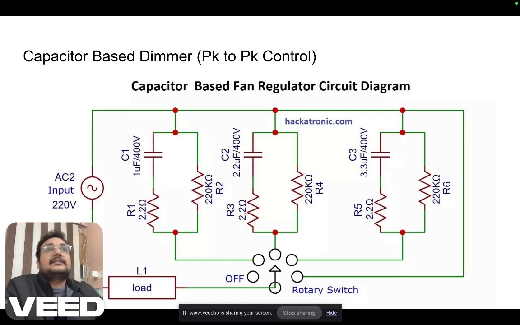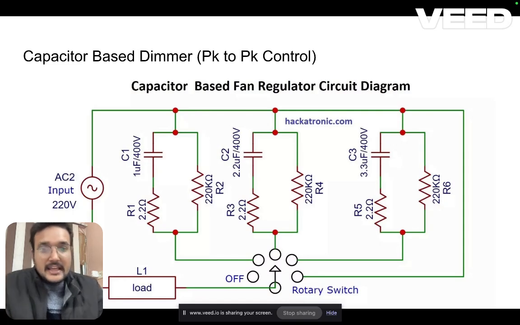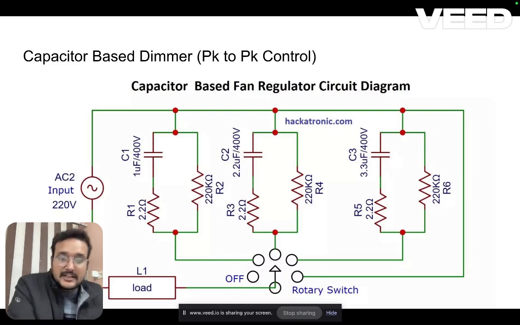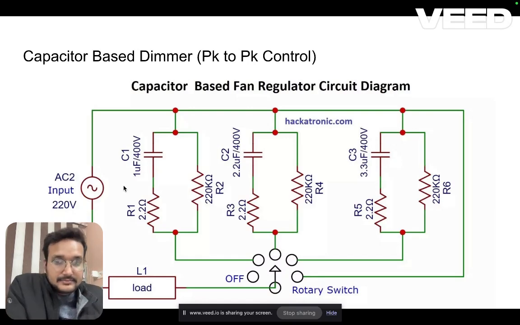So that is the voltage we drop across the capacitor, so that ultimately my load gets less voltage. It is as simple as that. And why 3? Because we have to dim the light or any AC load in three different dimming patterns.